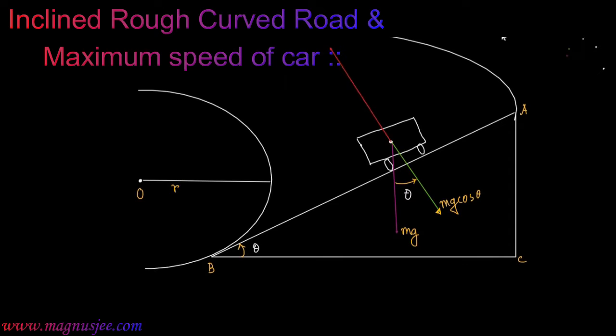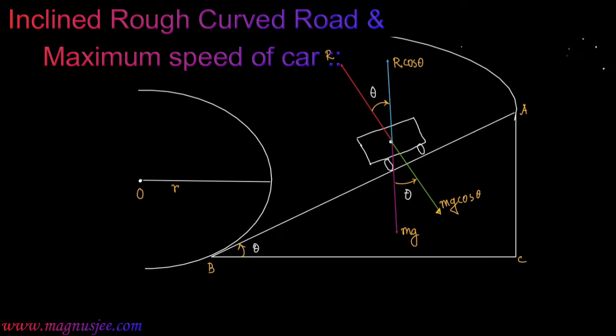Now we can denote the normal reaction on the car applied by the inclined rough curved road. This is the direction along which normal reaction capital R acts. Now normal reaction R is resolved into two rectangular components.